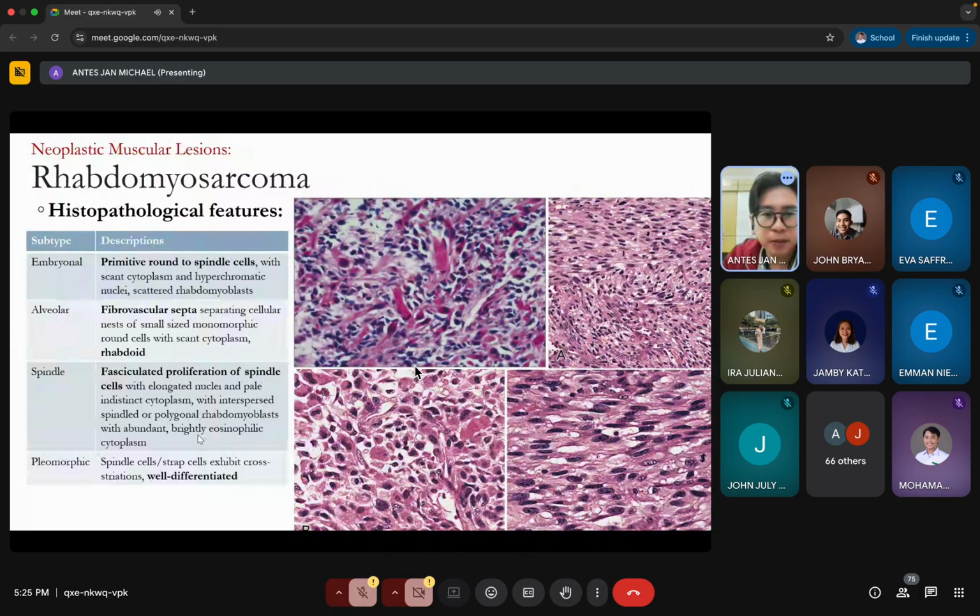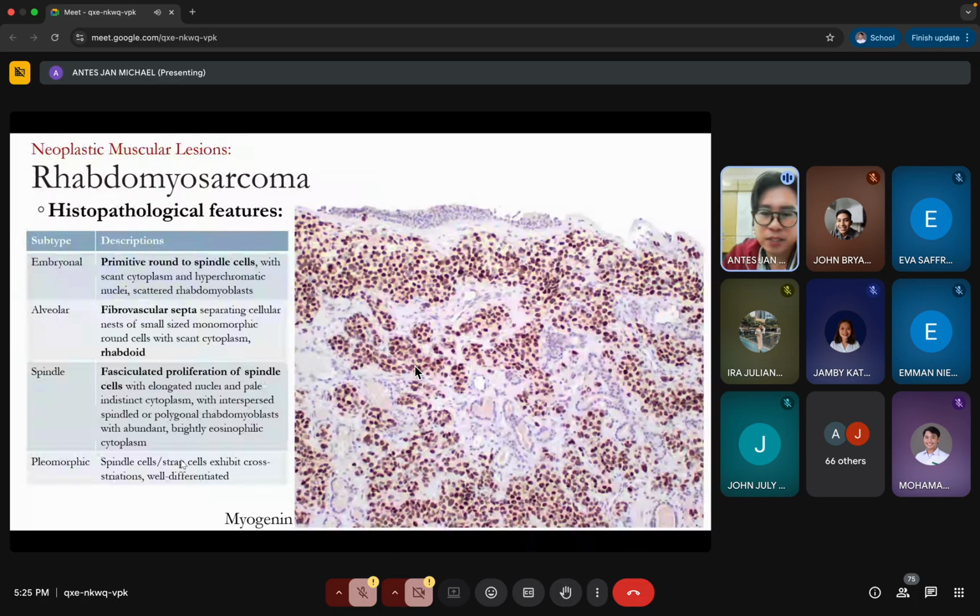Now, if we stain it with IHC, that's the time that we know we're dealing with a skeletal muscle tumor. This is myogenin stain. As you can see here, all of those tumor cells are positive with myogenin stain.